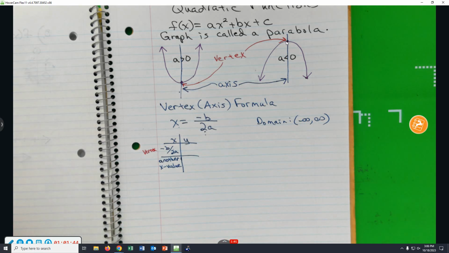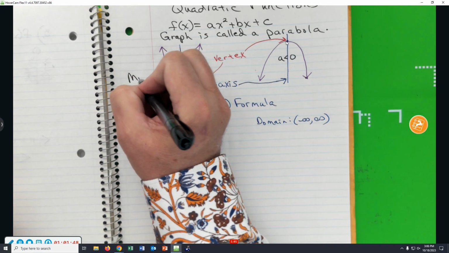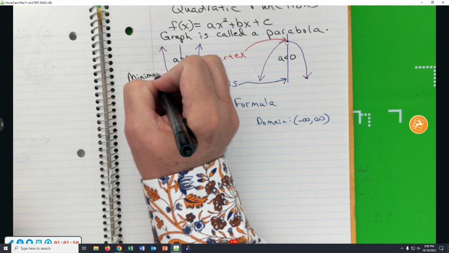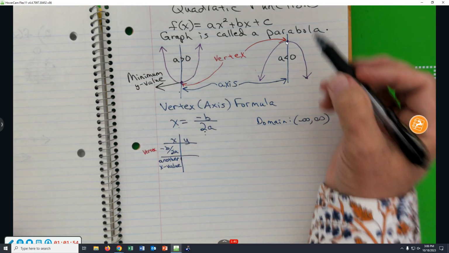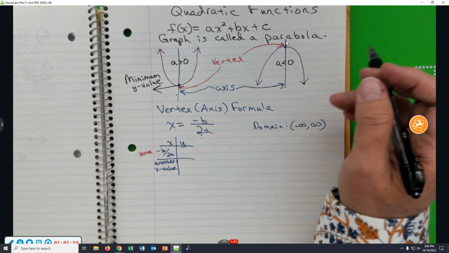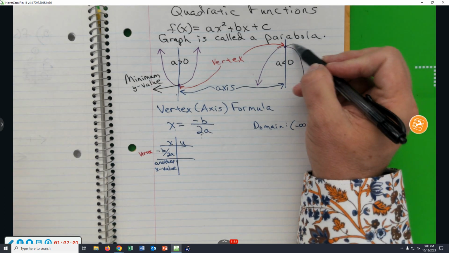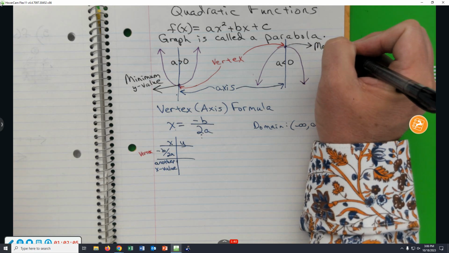I'm going to write right here, that's the minimum y value. Whereas this point right here, that's the highest point on the graph, so that's the maximum y value.